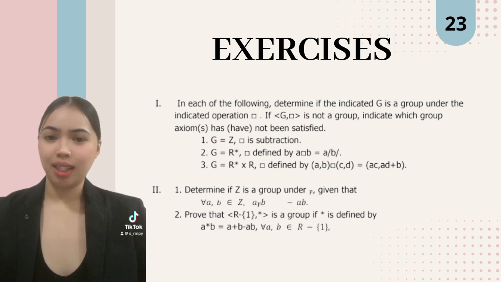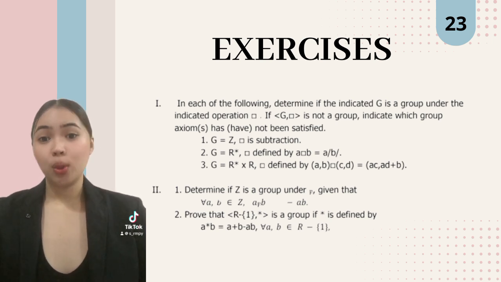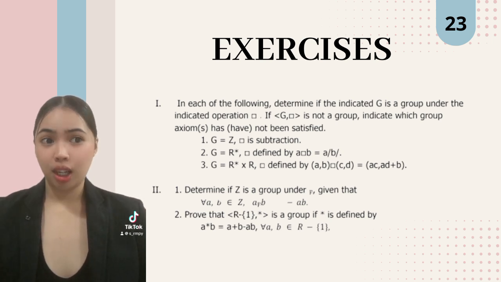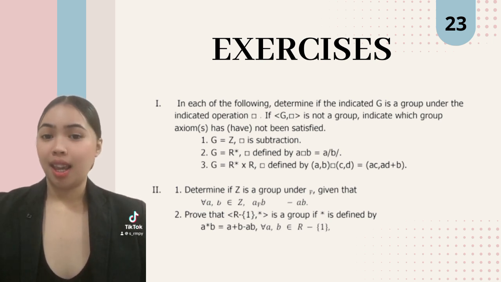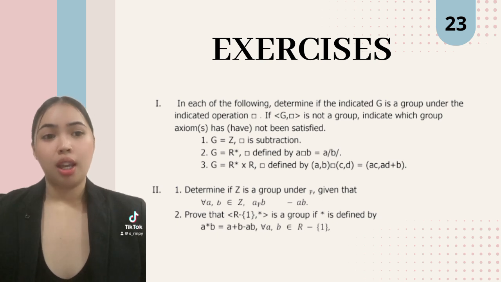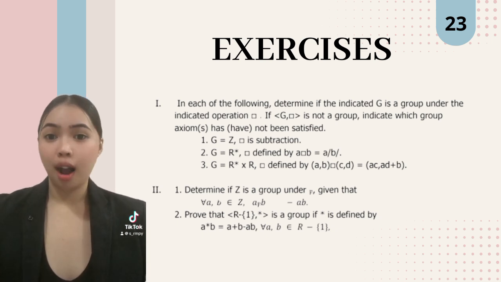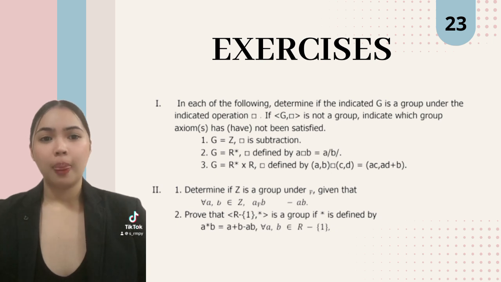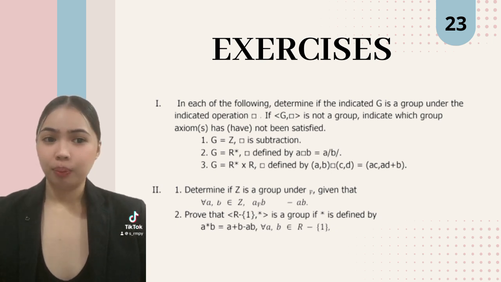So let's proceed. In test 1, the problem is that in each of the following, determine if the indicated G is a group under the indicated operation. If G is not a group, indicate which group axiom or axioms have not been satisfied. Number 1, G is equal to Z, operation is subtraction.